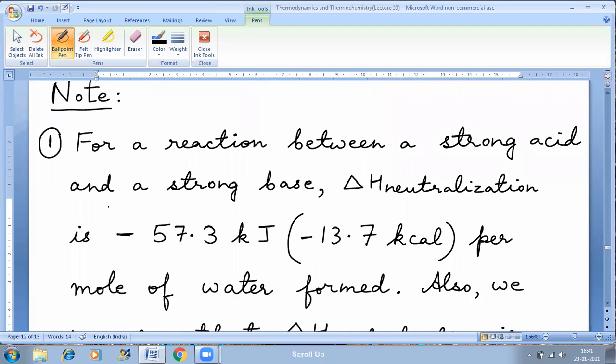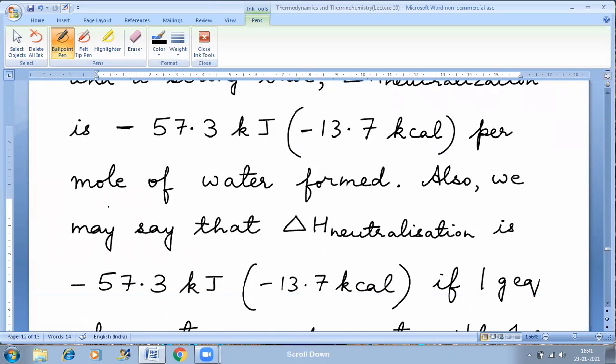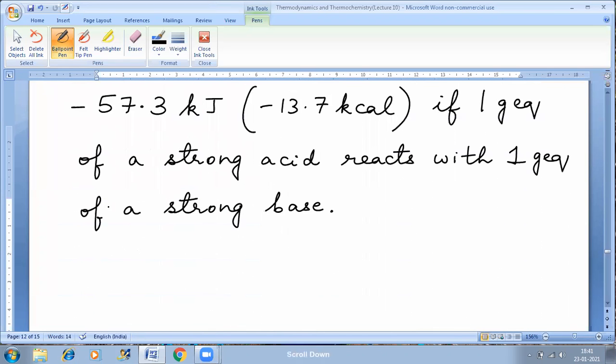Okay. तो ये बहुत important point है. Next. Second.